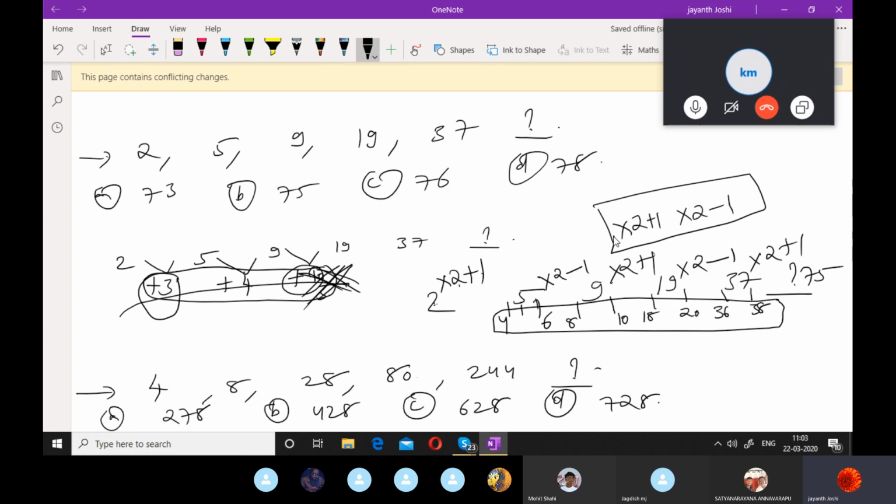Do this problem. I'm trying to expose you to as many models as I can. Okay. So I'm giving different models.